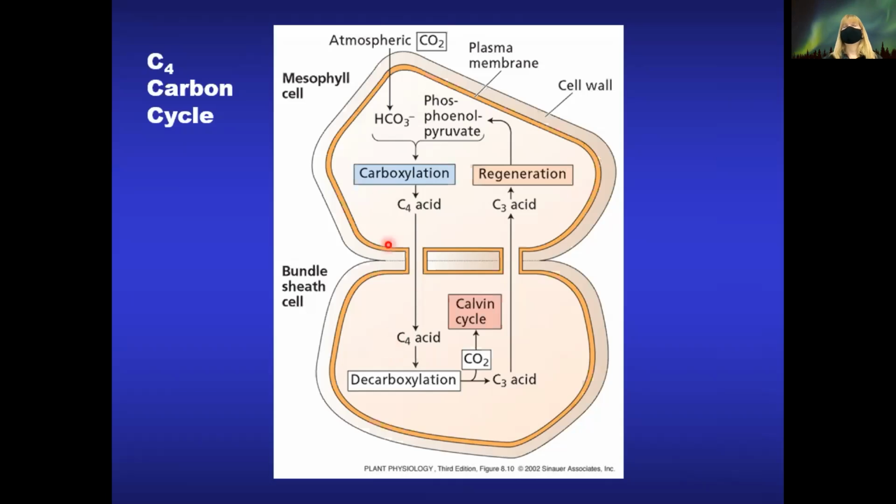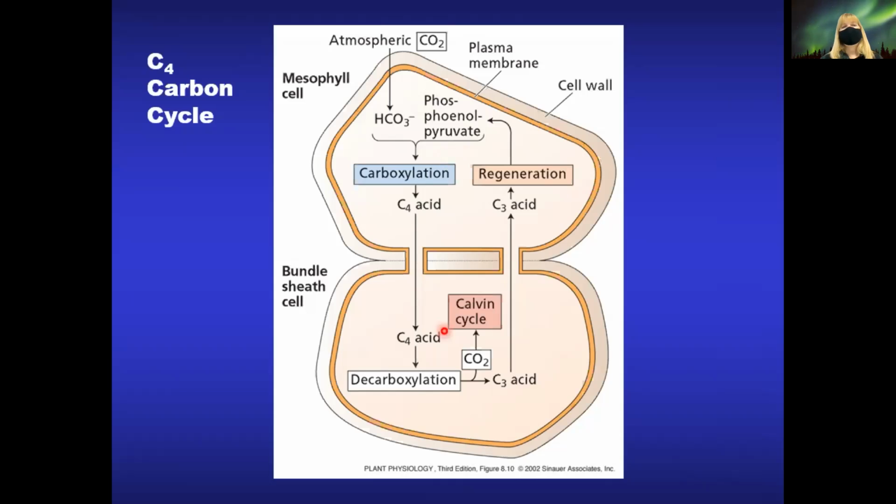It's 4 carbons. And then you see a decarboxylation step. In the bundle sheath, that's where you see the Calvin cycle. The artist put the Calvin cycle in the bundle sheath, and whoever drew this knows it does not belong in the mesophyll. So the Calvin cycle is happening in the bundle sheath cells in C4 plants.